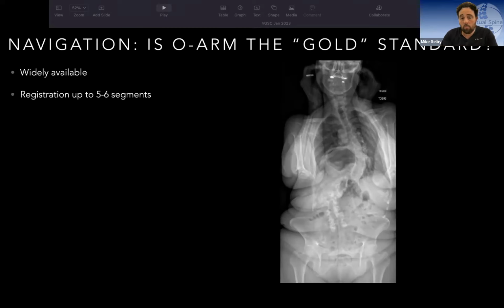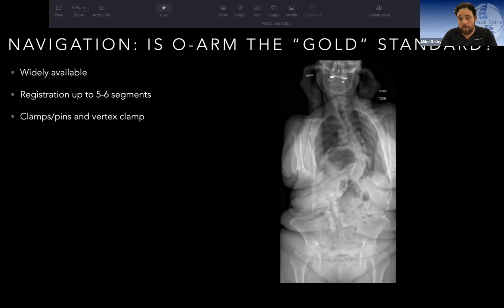It's widely available and can register up to 5 or 6 segments, but you can immediately see from a scan like that EOS scan, with severe scoliosis, that you're probably going to have to do 3, if not 4 spins to navigate this construct that this patient needs from effectively probably T3 to the pelvis.